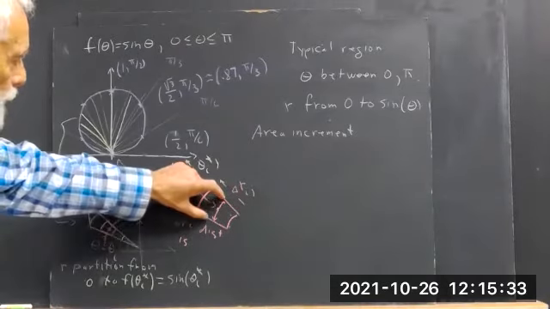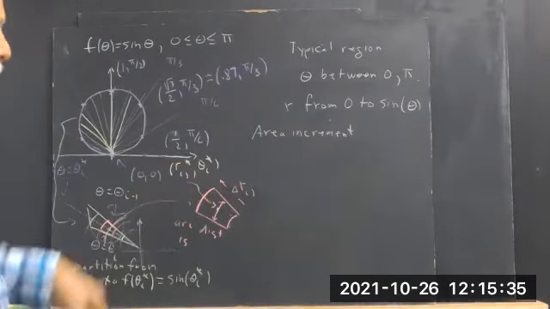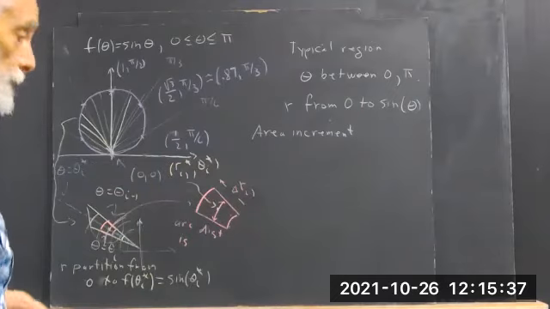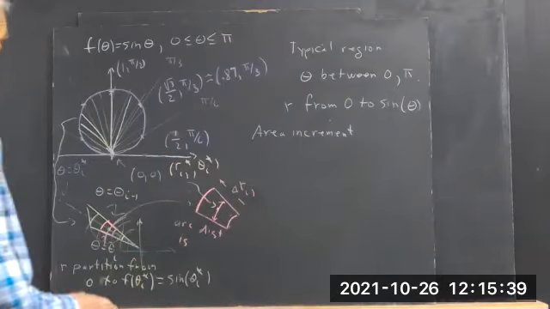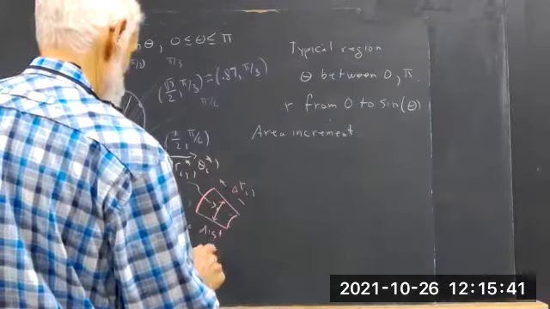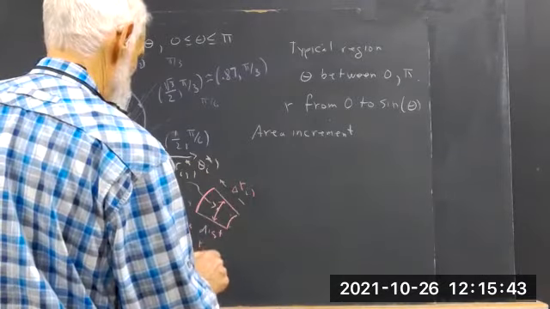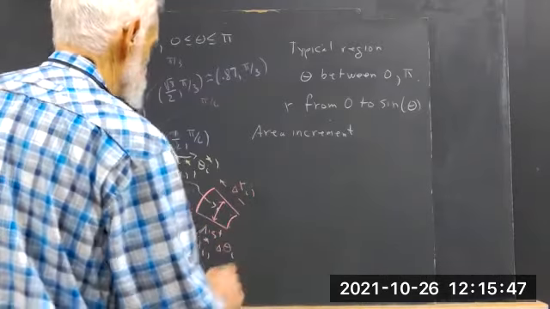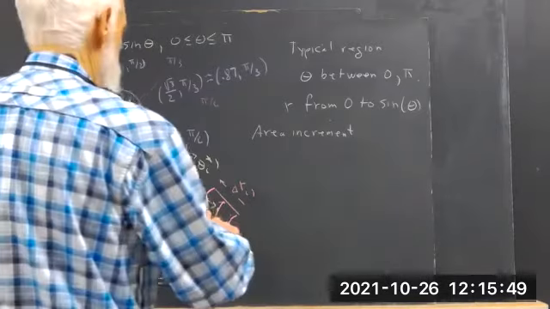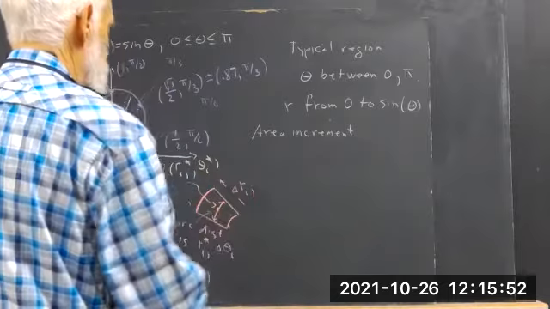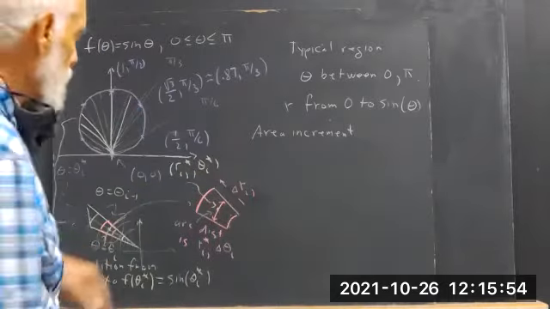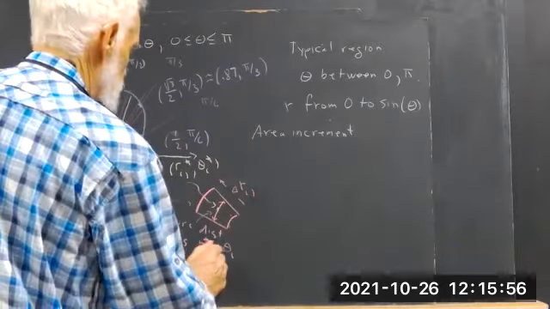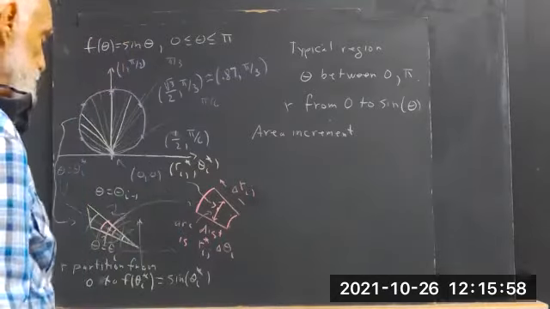The angular increment here is delta theta sub I. So by the definition of the radian, the arc distance here on this arc is Rij star delta theta sub I.